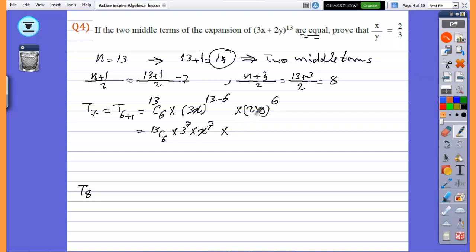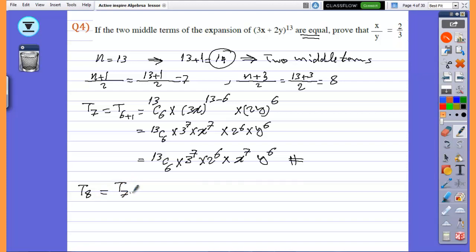Again here multiply 2 power 6 multiplied by y power 6. So it is equal to 13C6 multiplied by 3 power 7 multiplied by 2 power 6, x power 7 y power 6, and we will keep it. It is T7.